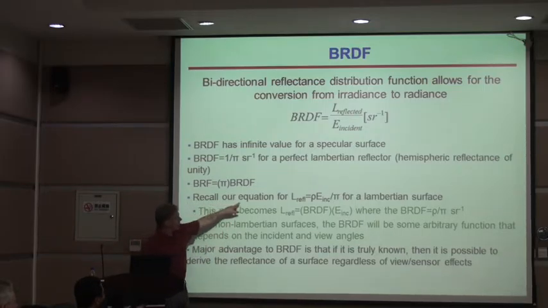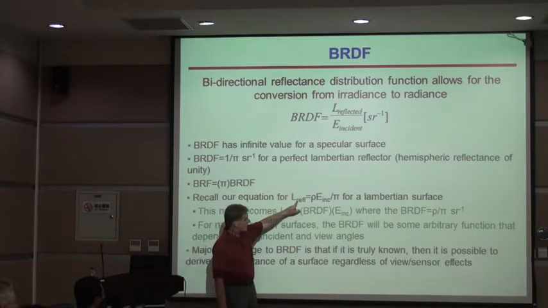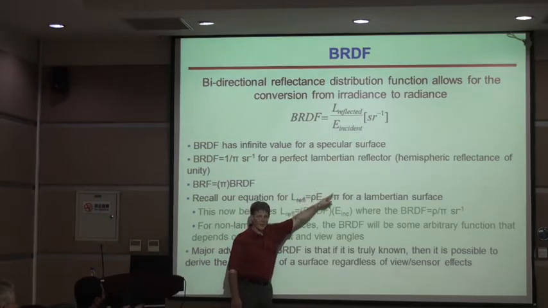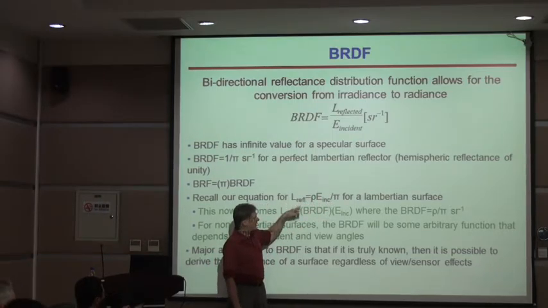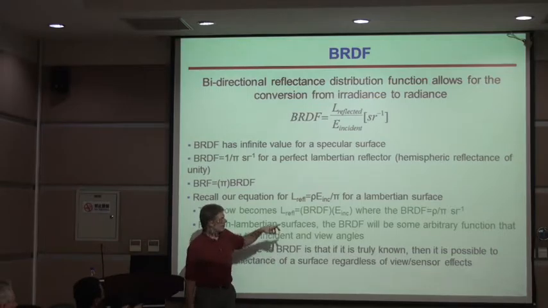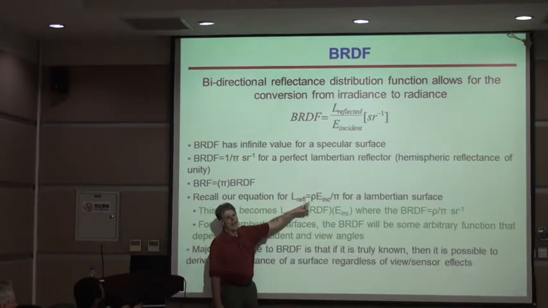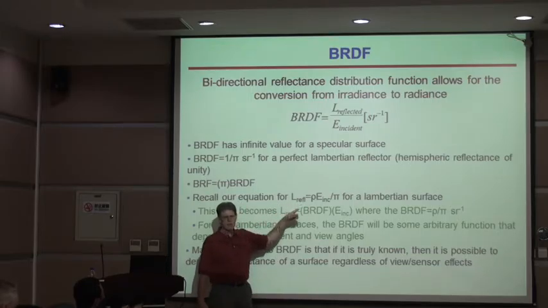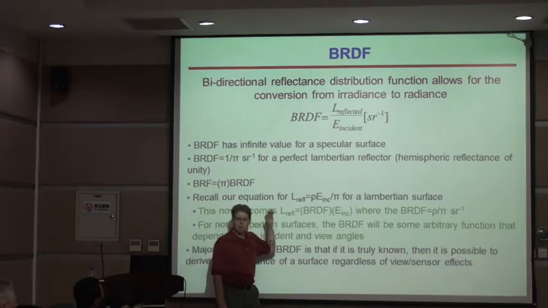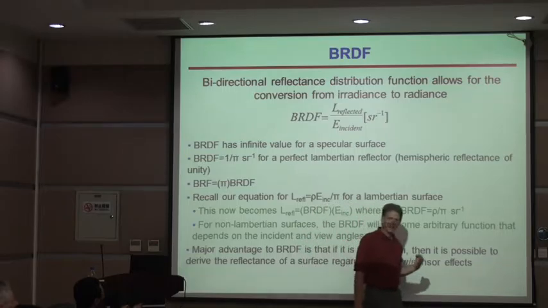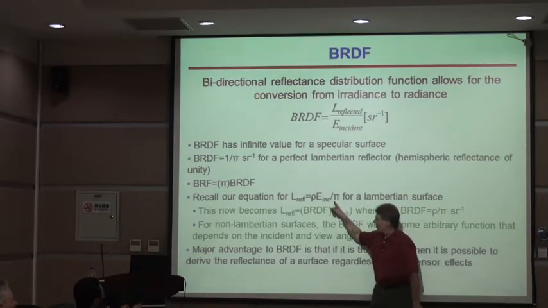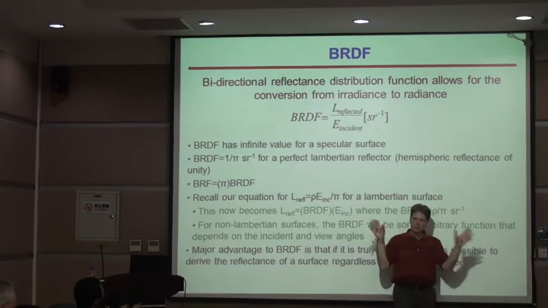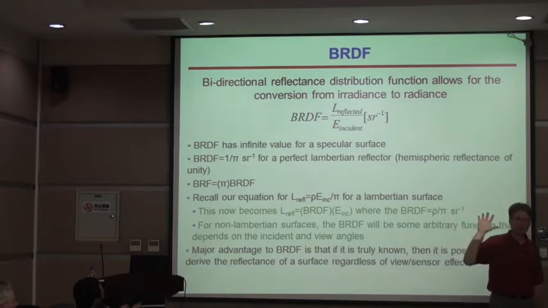And so now we have an equation in terms of the reflected energy for the Lambertian surface. When I used to teach classes, I called this the magic equation, the most important equation. I allowed the students on the exam that if there was a question they could not answer, all they had to do was write this equation anywhere, on any question, and they would get 5 points out of 100.